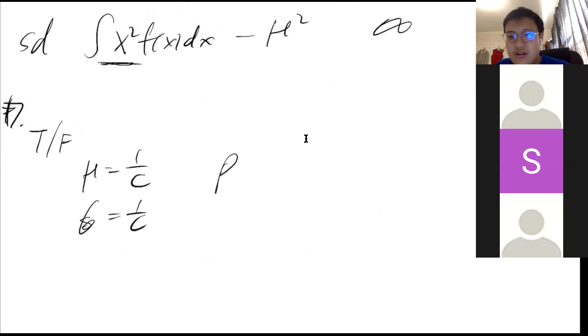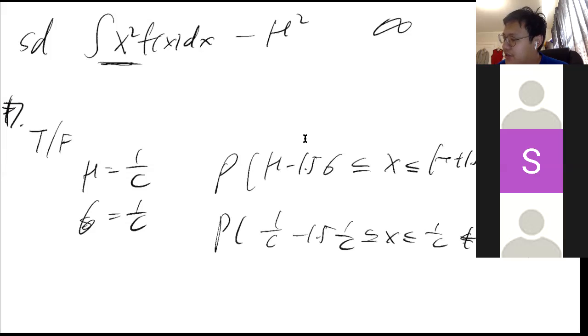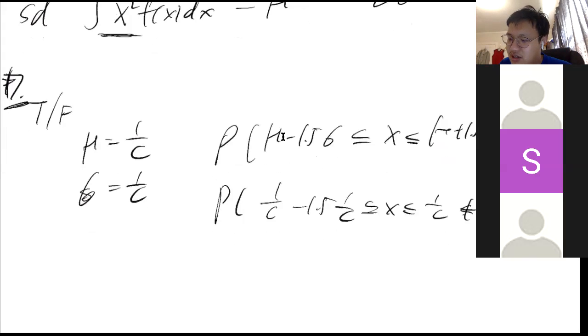So the probability from mu minus 1.5 standard deviations to mu plus 1.5 standard deviations is 1 over c minus 1.5 times 1 over c to 1 over c plus 1.5 times 1 over c. Isn't it pretty dependent on c? I think that should be false, but I don't know. Should double check.